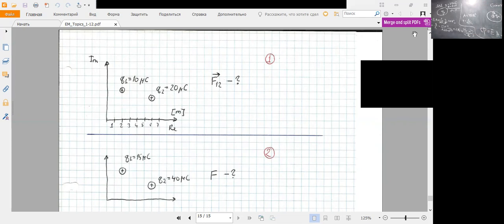The position of the first charge is 2 plus 4j, and the position of the second charge is 6 plus 3j.